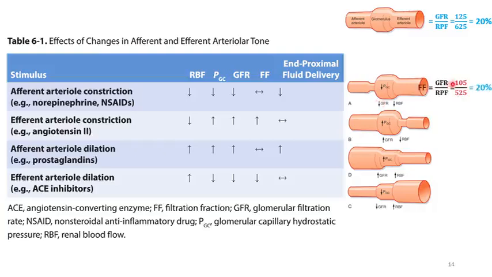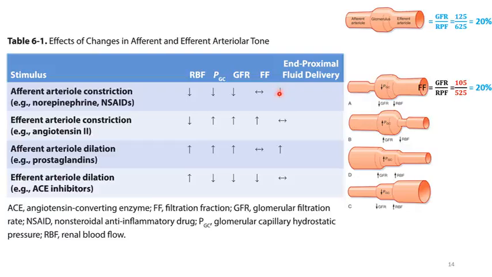But because both GFR and RPF are decreased at the same level, the filtration fraction is not changed in a significant way. So you see that filtration fraction remained the same, but the end proximal fluid delivery is decreased.